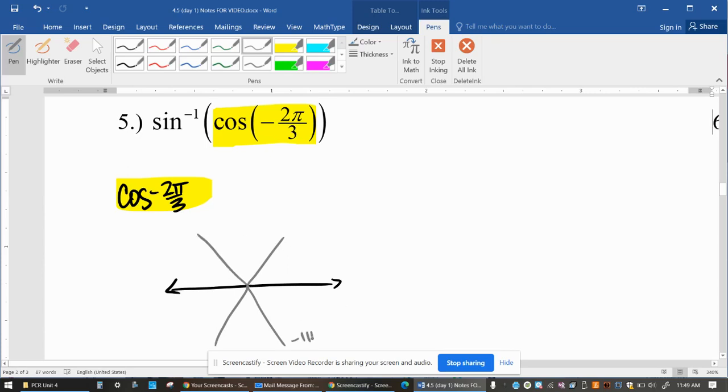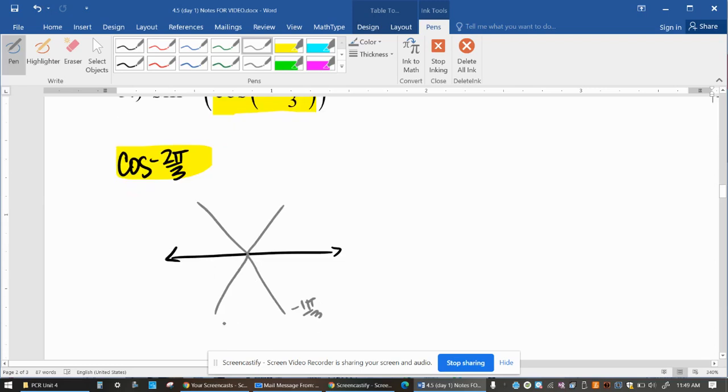So negative 1 pi over 3. It would be right here, negative 2 pi over 3. This would be negative 3 pi over 3, etc. Okay, so here's your angle. But we want to draw our special right triangle from the terminal side to the x-axis. So that's your 90-degree angle.